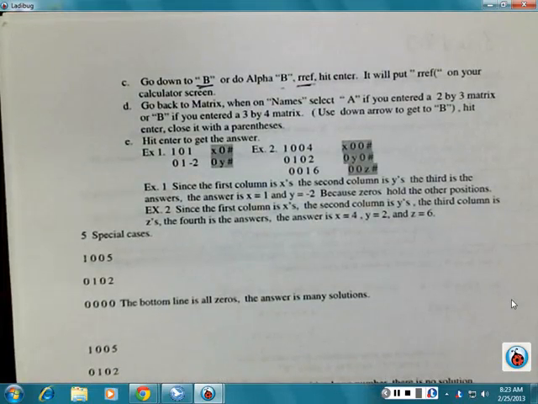Did you go over to math? It's not the math button, it's under matrix. So you're going to go matrix to math. Over to math, then down. Did you find it? Yes or no? Somebody not find it? You got to go back up to it, I think. It's the letter B.